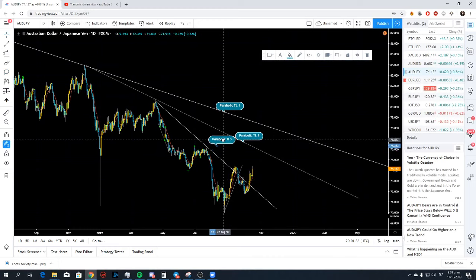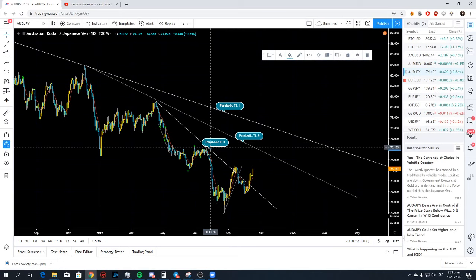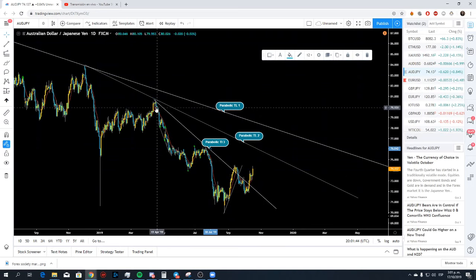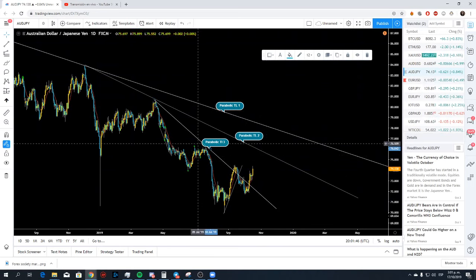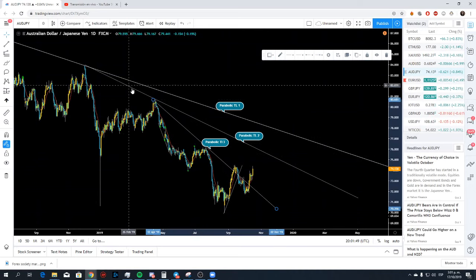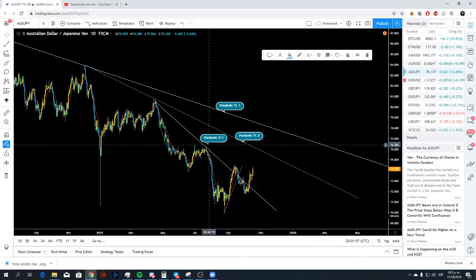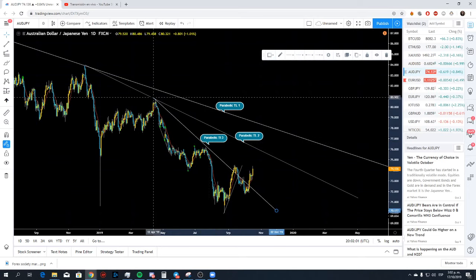So first we got this descending trend line right here. We got this daily descending trend line, and let me tweak it a little bit. Always make sure, guys, when you're drawing a trend line, to touch a wick every time.